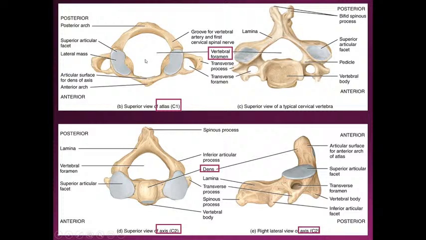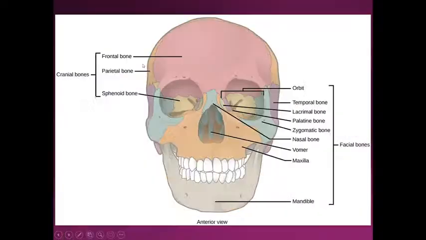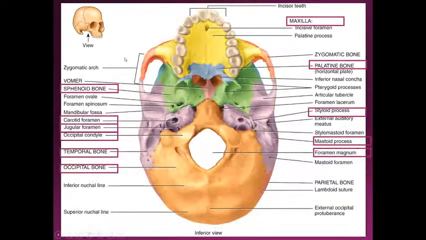And this vertebral foramen lines up perfectly with the foramen magnum of the occipital bone. And so the spinal cord exits the skull through the foramen magnum and passes down through this vertebral foramen. Let's go back to the skull. Okay. All right, so here you can see the occipital condyles.